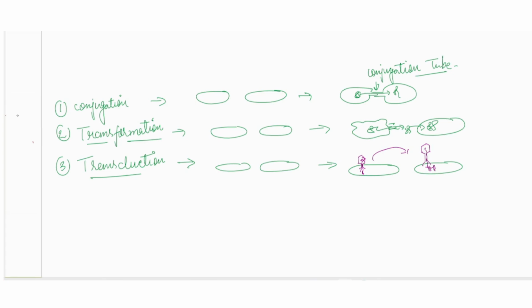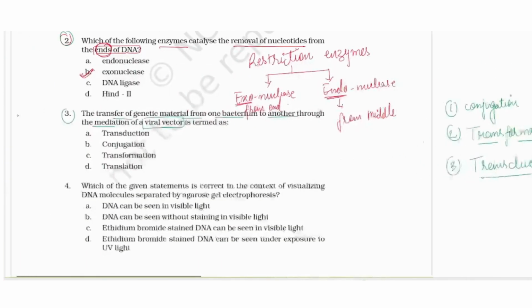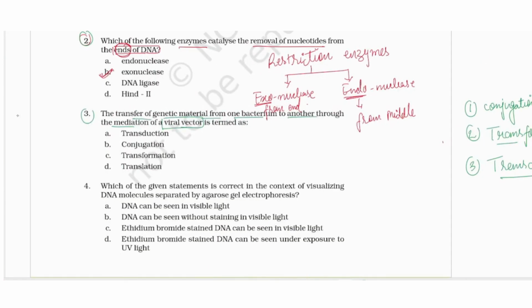So this process is known as transduction. Here the bacteriophage, or any virus, is being used, so we will call it viral transfer. Because they are asking about the viral one, we will go with the transduction process. The remaining two, I hope you are clear with. And translation you know very well, it is protein synthesis, a completely different process.